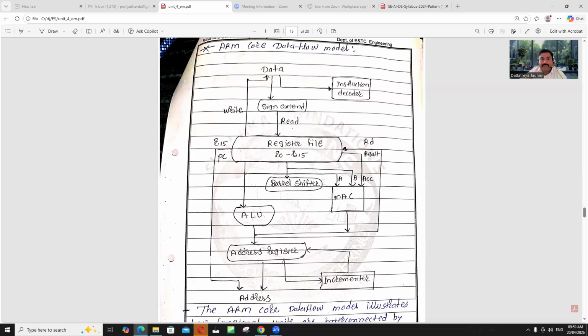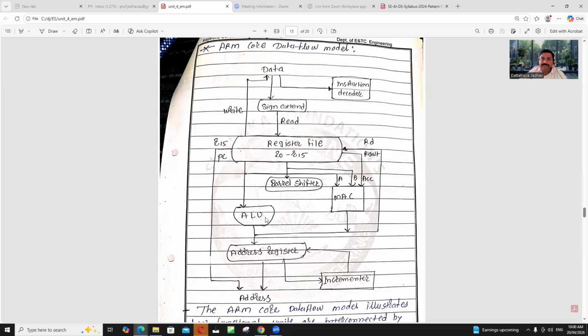Suppose we store the value in C. The C value is updated because of the new addition, and it is written back through the write command. This way the process is executed.